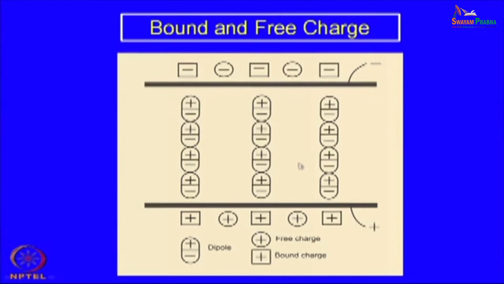So, these are free charges which actually develop the voltage on the metal plates, the metal electrodes, and these are the changes which take place within the solid. So, we have two types of charges on the surface of the plate, one is the bound charge and the other is the free charge. So, that is what has been described earlier.